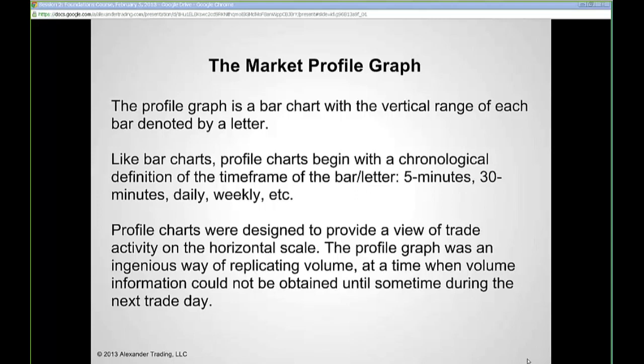You, as an off-floor trader, were at a tremendous disadvantage. You really didn't know what was going on until it was too late to act on it in anything resembling a short-term time frame. Now, the irony is that now the floor is sort of a relic.